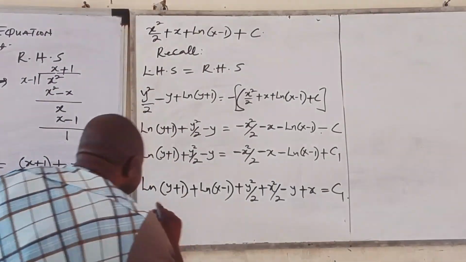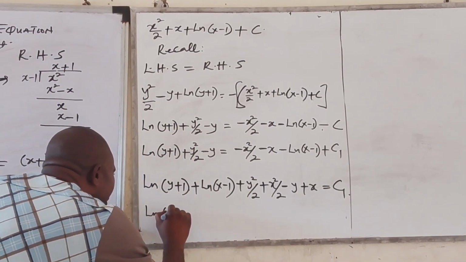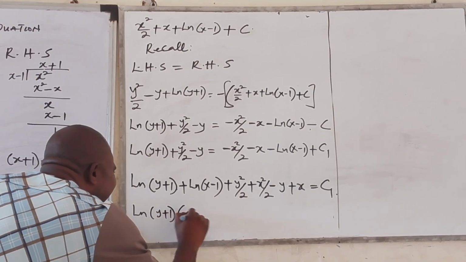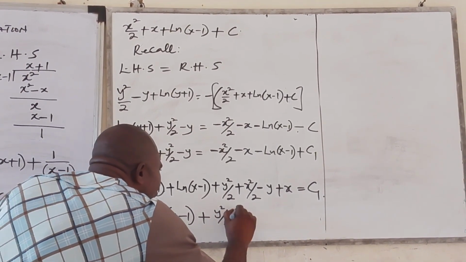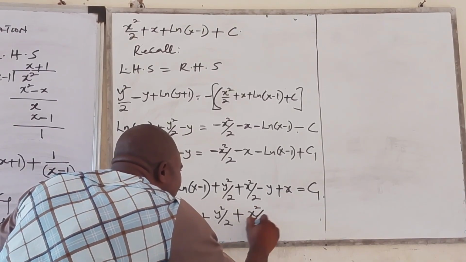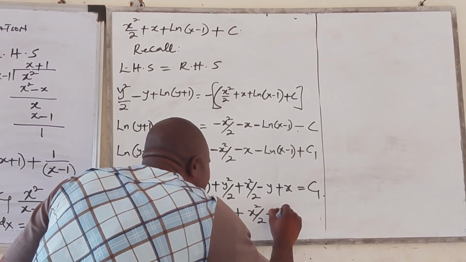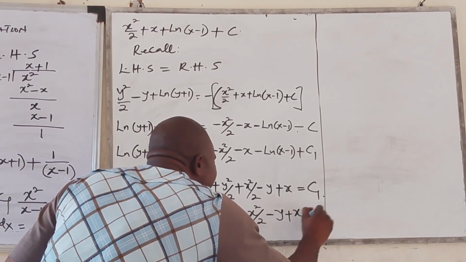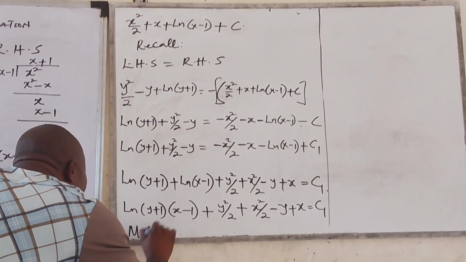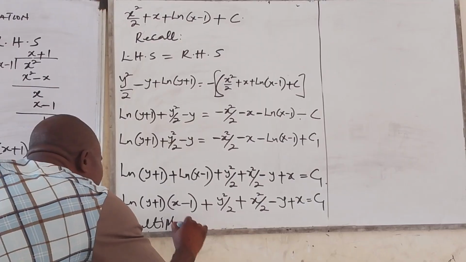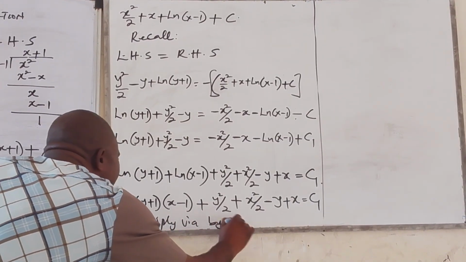So this is the same as saying ln y plus 1 times x minus 1 plus y squared all over 2 plus x squared all over 2 minus y plus x is equal to c1. So here I want us to multiply through. Let's multiply through by 2.